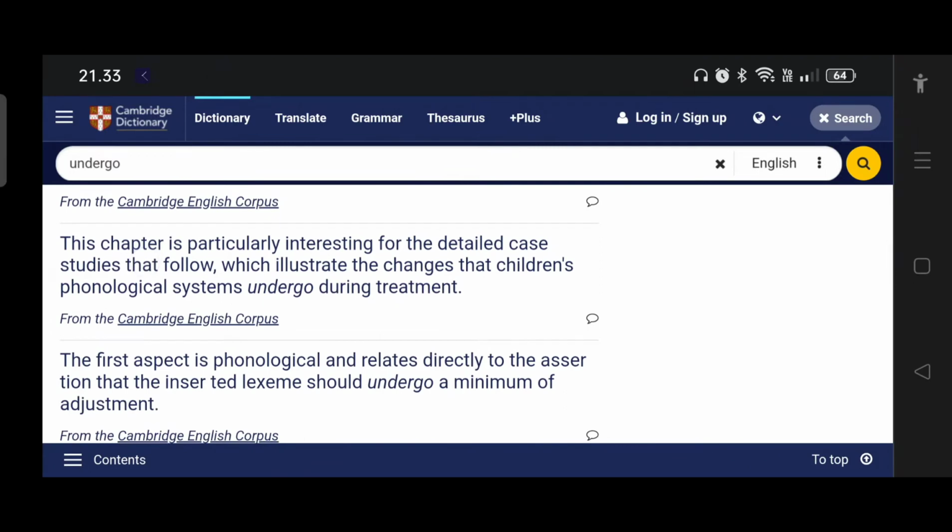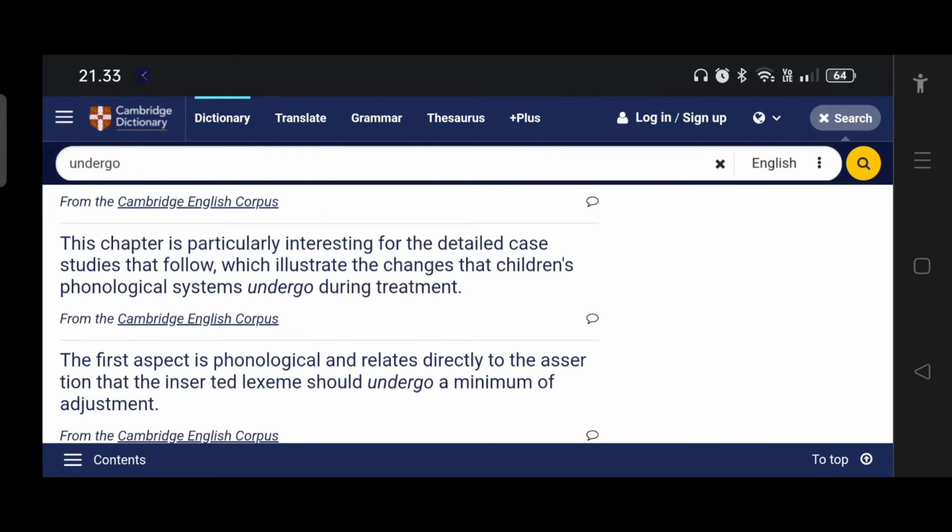The first aspect is phonological and relates directly to this shin. Oh, okay. In my opinion, there's kind of a mistake here. As far as I know, it is assertion. Assertion, right?